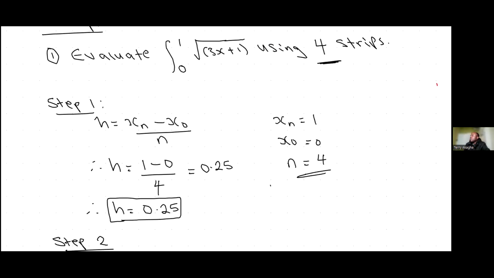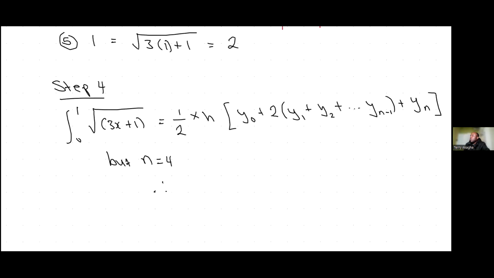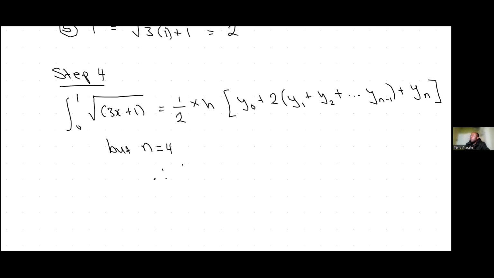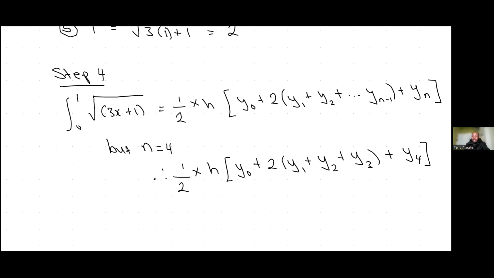So we can rewrite our formula to be 1/2 times h into brackets y0 plus 2y1 plus y2 plus, now n is 4 minus 1 will give us 3, so it's going to be y3, that's the maximum you can get here, plus y4. Is this making sense?